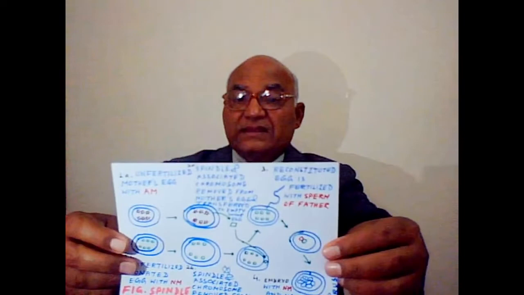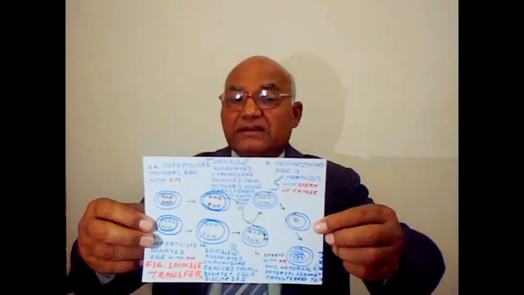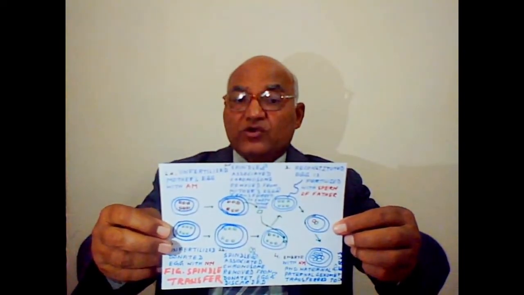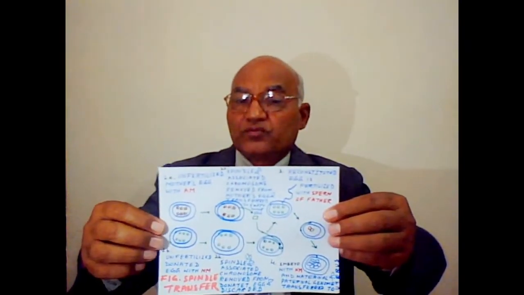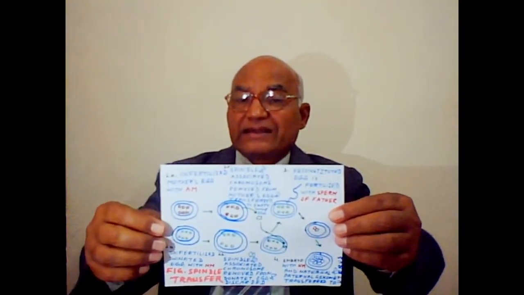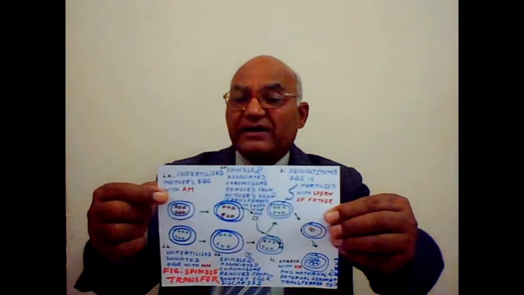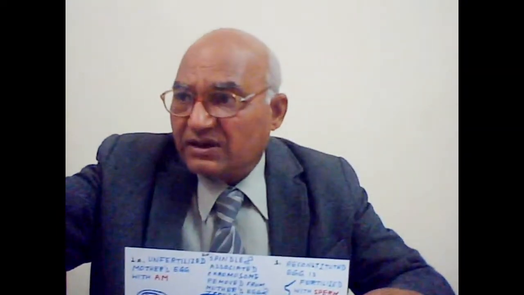So in the former method two zygotes were destroyed, but in this, initially two eggs are taken, one with the abnormal mitochondria and one with the normal.